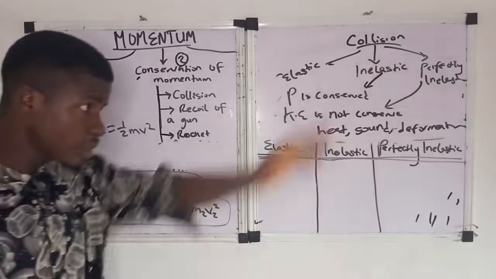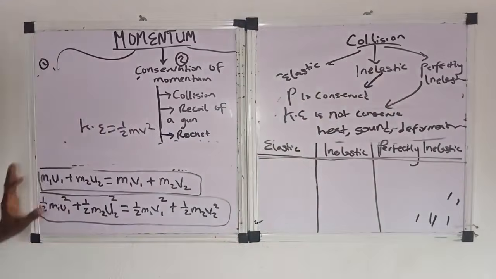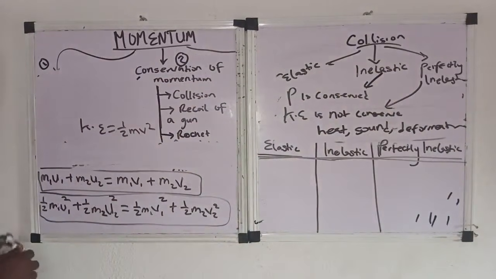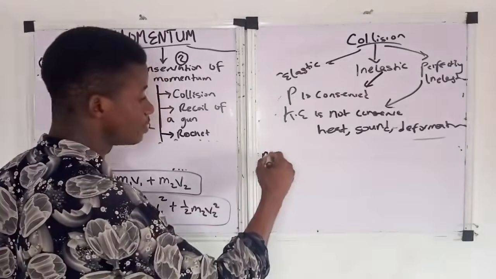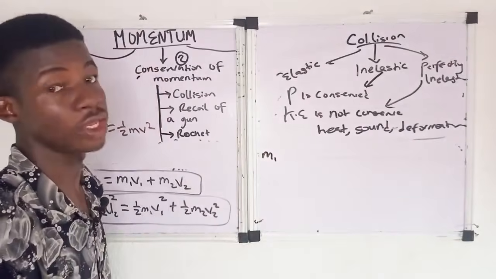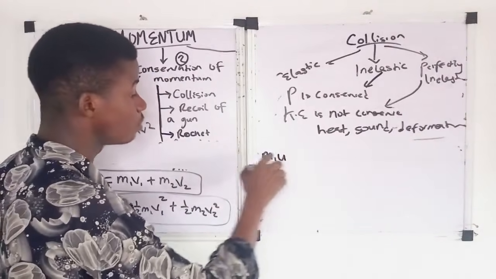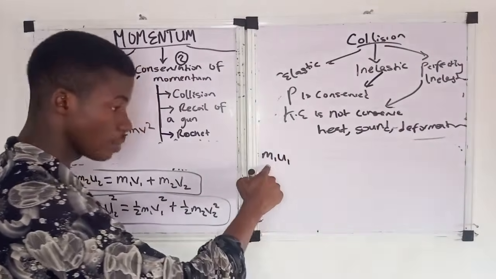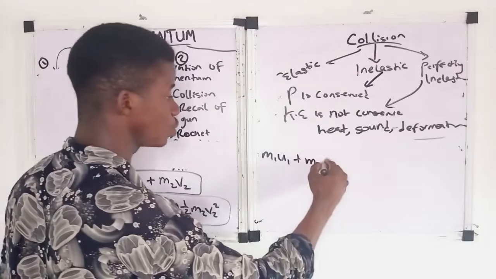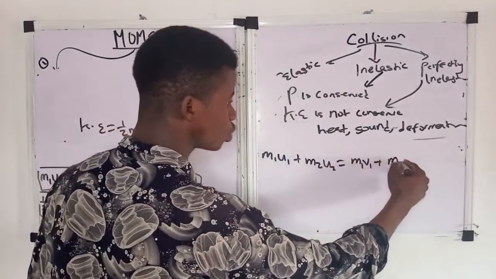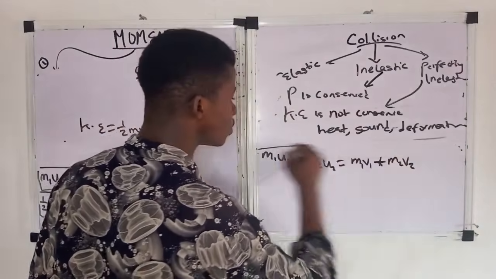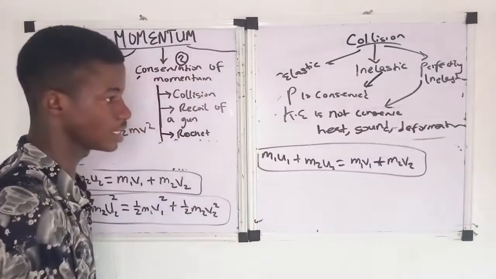Then same also for inelastic. Based on the fact that momentum is always conserved in all types of collision, the momentum before collision will be m1u1 plus m2u2 equals m1v1 plus m2v2. So momentum is always conserved. This is for inelastic collision.